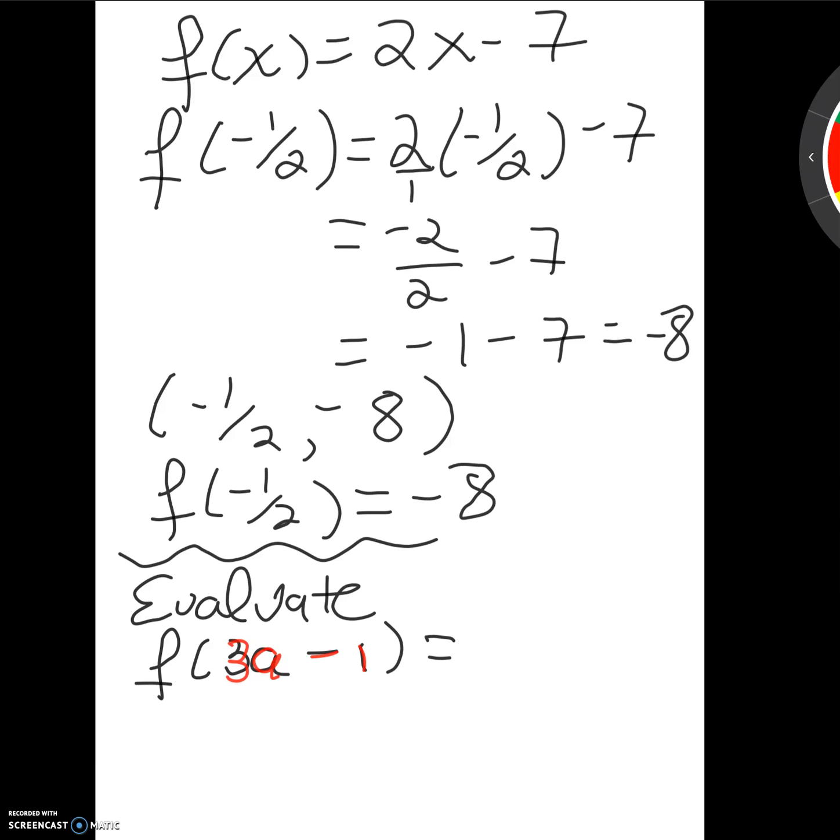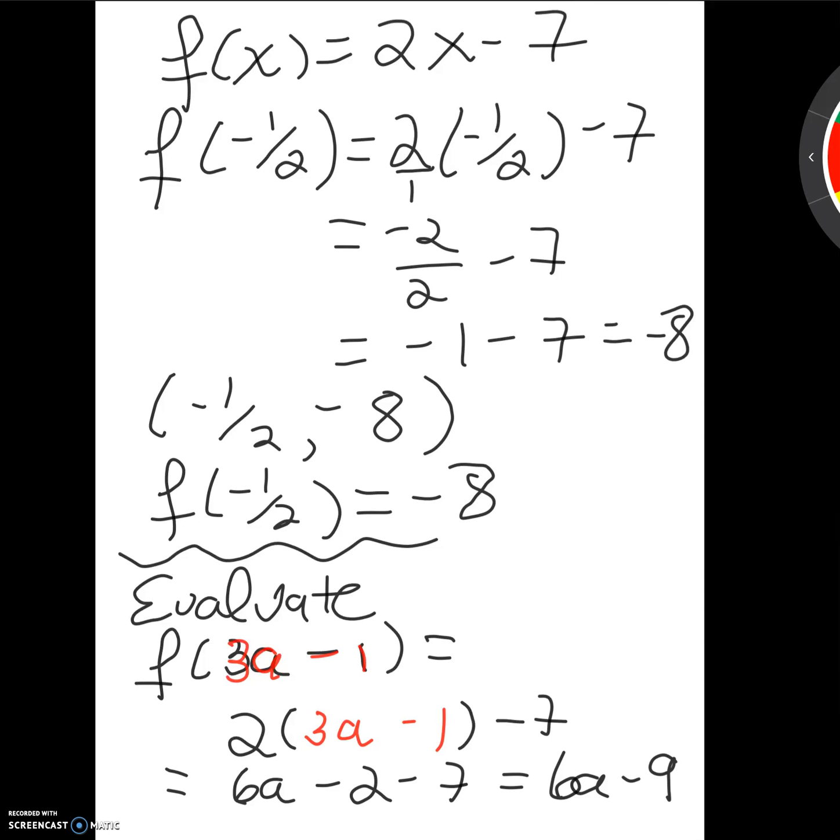So substituting in, we have 2 times x. Instead of calling that x, we're going to call that 2 times 3a minus 1. And then don't forget our minus 7. Using the distributive property, we get 6a minus 2 minus 7. And that's the same thing as saying 6a minus 9. So f of 3a minus 1 is equivalent to saying 6a minus 9.